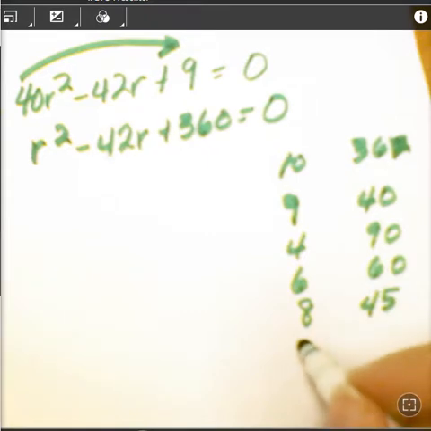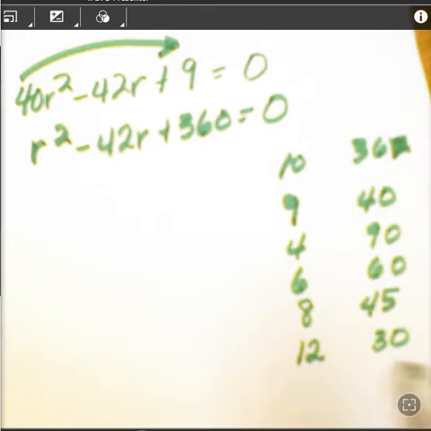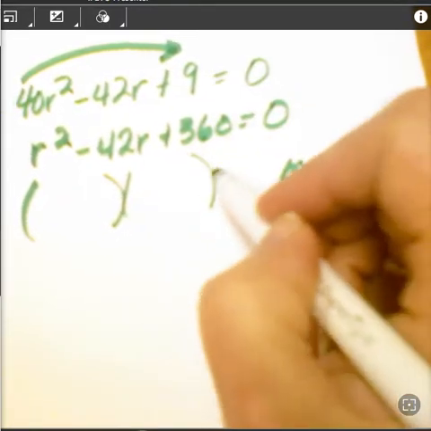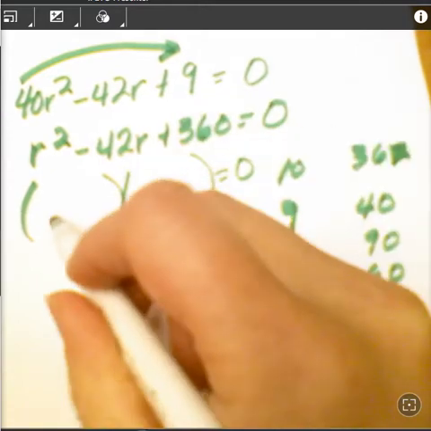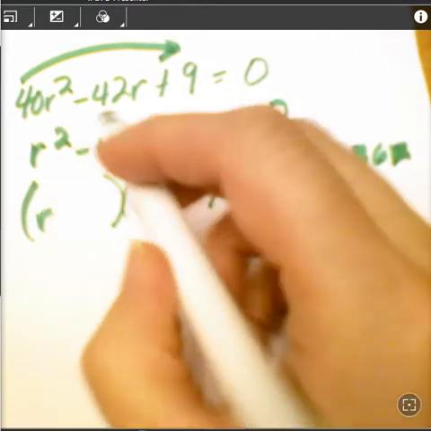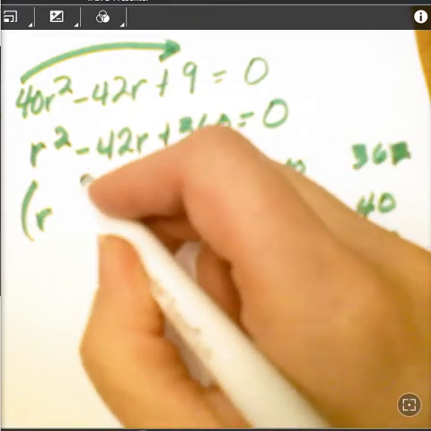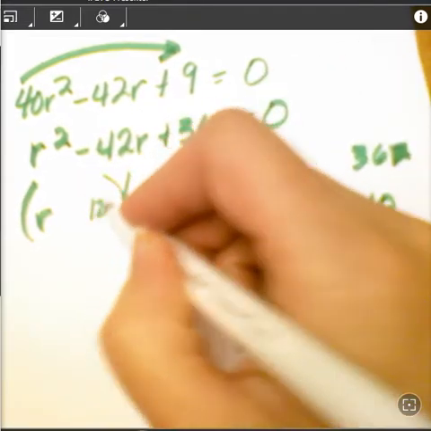How about 12? 12 goes into it 30 times. And they add up, oh, right there it is, 42. Okay, so I have 2 sets of parentheses. Factors of my first term, r and r. Factors of 360 that add up to 42 would be 12 and 30.